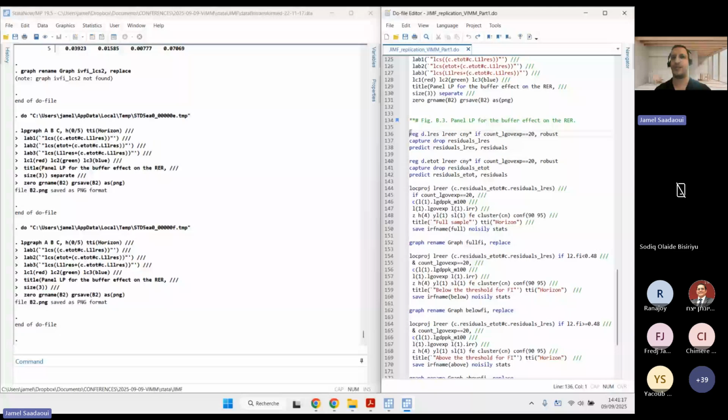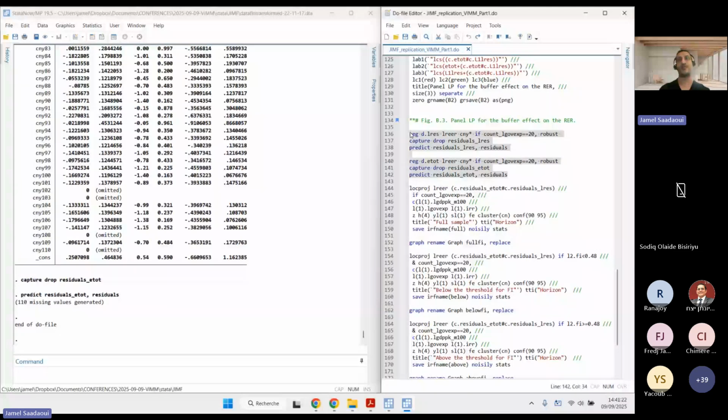So now we are creating two variables, which are no longer the reserves or the terms of trade. They are the terms of trade shocks orthogonal to the exchange rate, and the holding of international reserves orthogonal to the exchange rate.